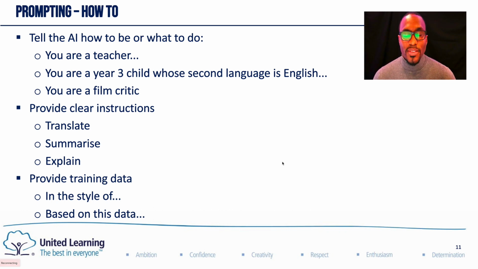There are a number of ways that you could use safe information and input it into your large language model in order to produce your desired output. So the 3 points here are to tell the AI how to be or what to do, provide clear instructions, and also provide training data. All of these will provide a more accurate output.